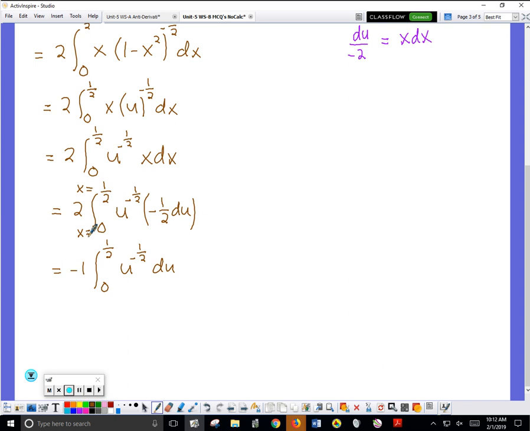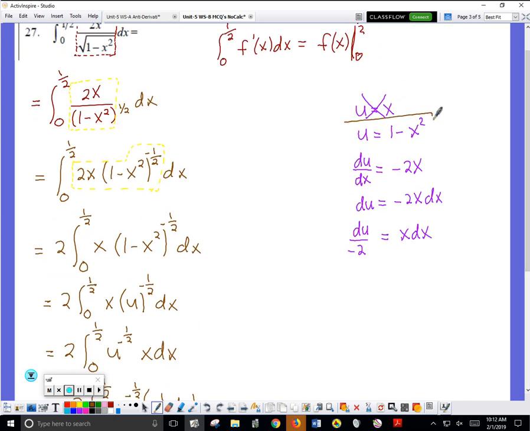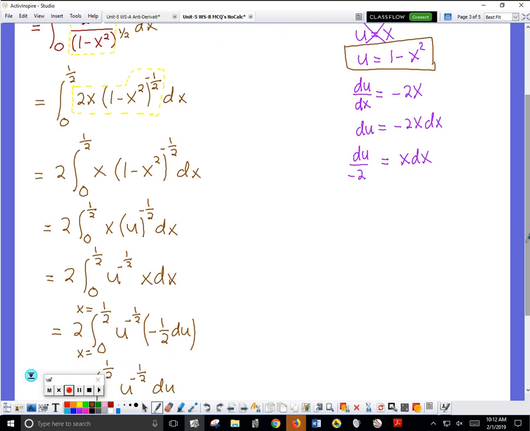All of the changes occur based on one formula. I used this formula to replace 1 minus x squared with u. Then I took the derivative of this formula, rearranged, and replaced x dx with negative 1/2 du. So all of the replacements are based on this formula.